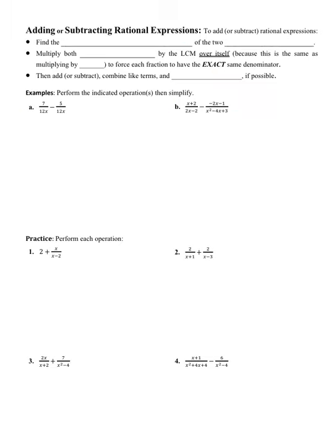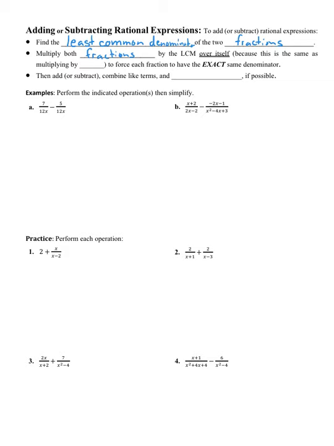The first thing we want to do is find the least common denominator of the two fractions, which we just practiced. And then we're going to multiply both fractions by the least common multiple over itself.